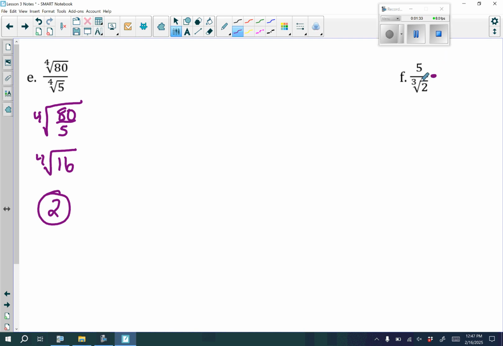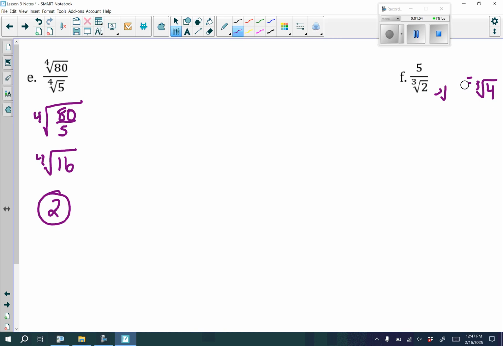Well, if we try to do that, especially with something other than a square root, let's say the cube root of 2, right? Well, if we do 2 times 2, that would give us 4 in the denominator. Now, is 4 a perfect cube? No. So we can't necessarily just take what we see in the denominator and multiply the top and bottom by it.